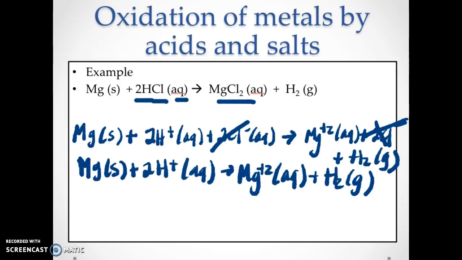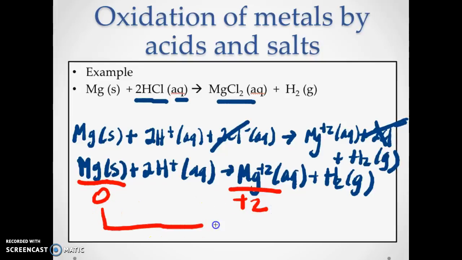So if we look at the sisters again, the family members. So this is magnesium. This is magnesium. This has an oxidation number of 0 because it's in its elemental form. It's a bunch of Mg in a solid form. This guy's an ion, and we said that the charge is its oxidation number.